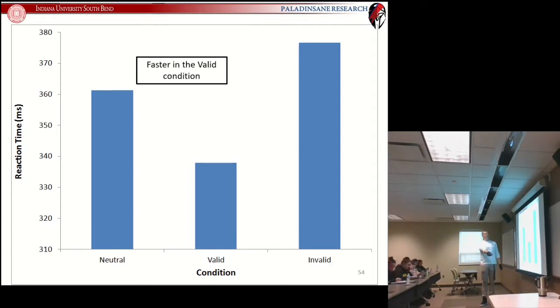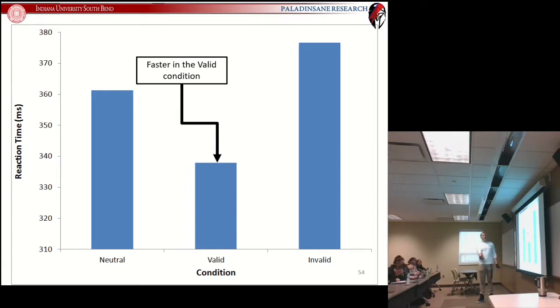And we can see that we are faster in the valid condition than we are in the neutral condition. So that information that the target is going to appear to one side or the other, even though we're staring at the center location, even though we're not moving our eyes from the center location, we are still able to respond faster to that target in that valid condition.